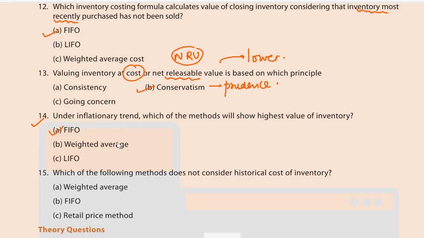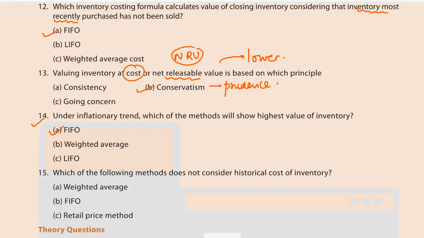FIFO, first in first out. Inflationary trend, when the price is rising, at that point of time, which method will show highest value of inventory? FIFO.